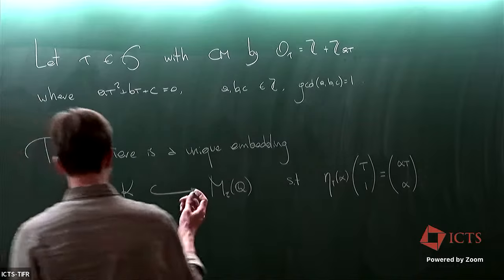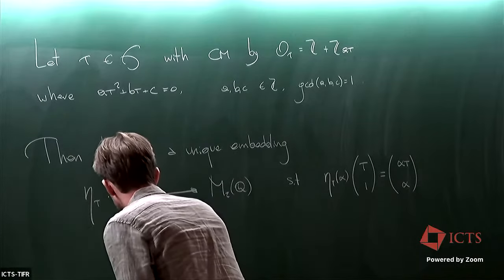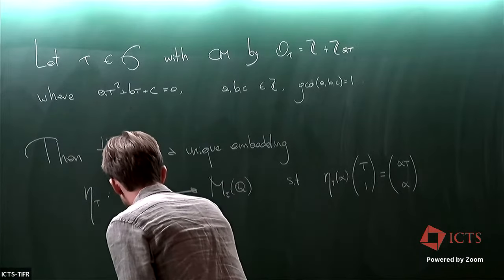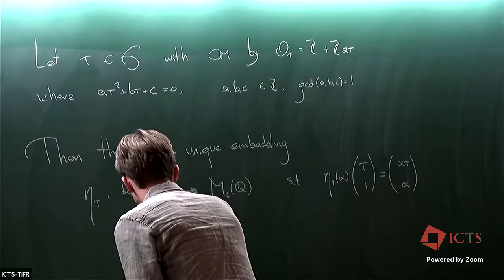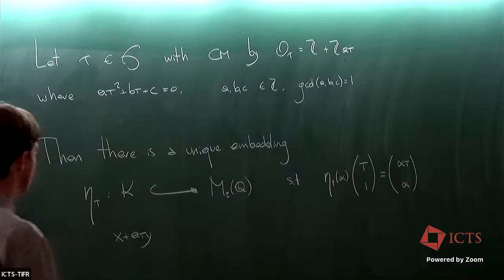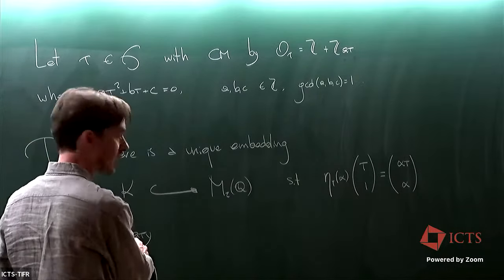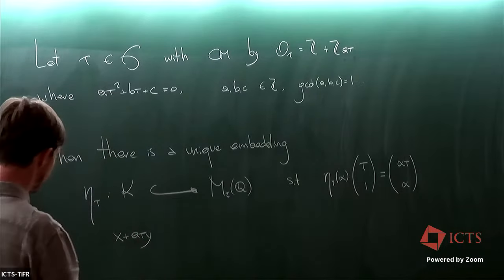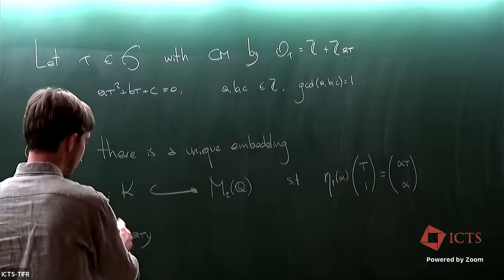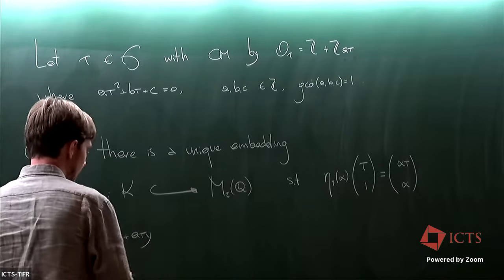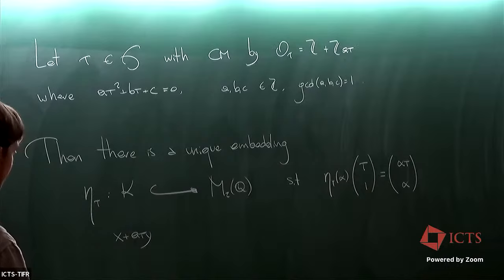Okay, now explicitly, to make it a little less mystifying, if I have some general element in K, which I can always write in this form, x plus a tau y, and I'm going to take out the a just for notational convenience, but everything is certainly something in Q, and then something else in Q times a tau.